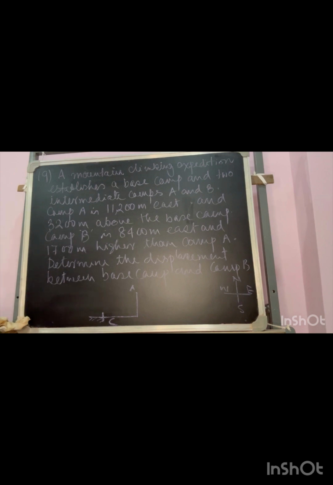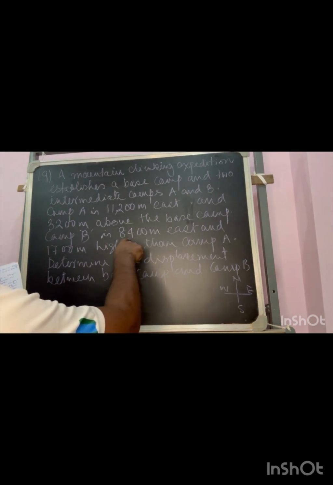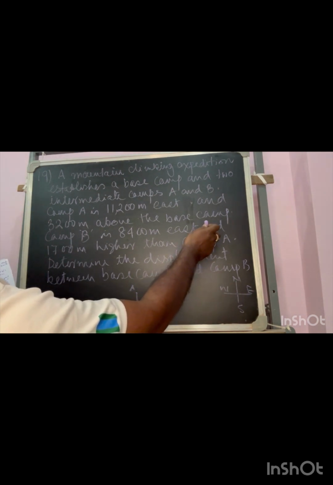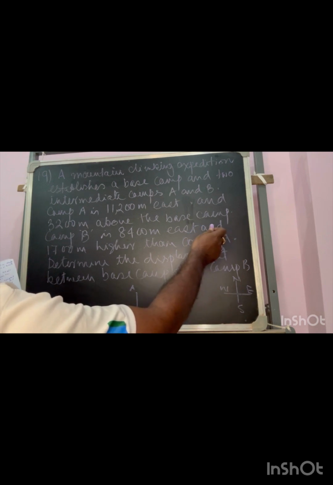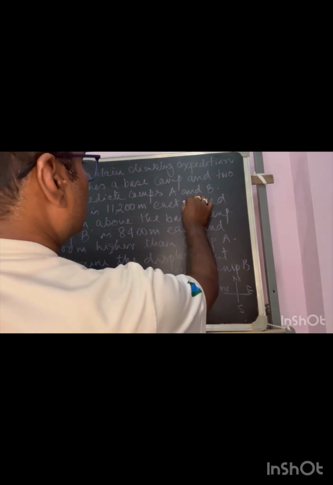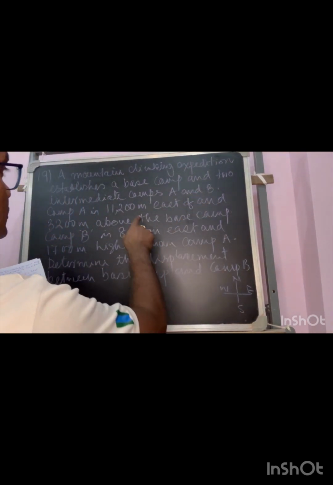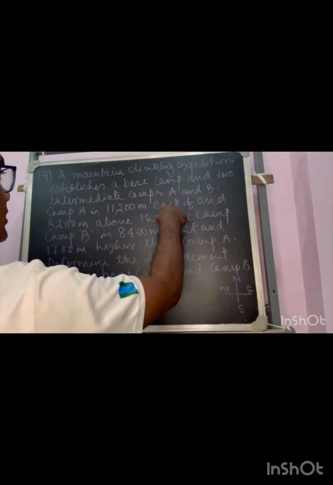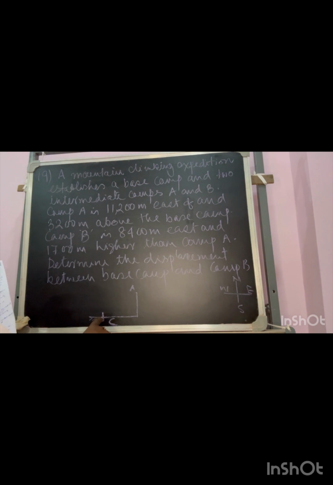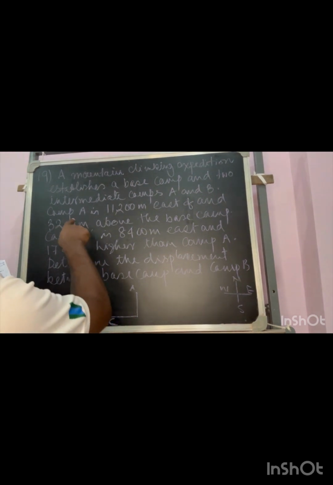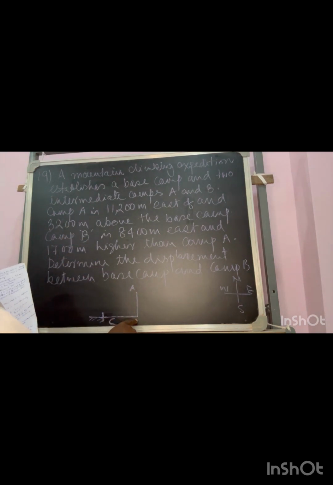Camp B is 8,400 meter east, so camp B is somewhere east of this; that's why it is given as 'east of' and 'above'. That means if camp A is said to be this many meters east of base camp, then from base camp C the distance of 11,200 is taken towards east.